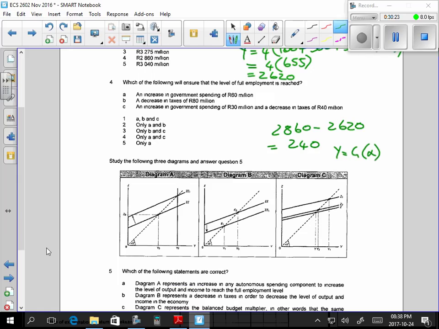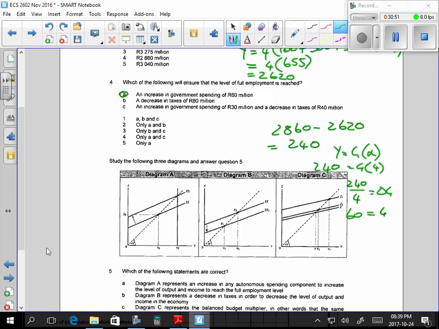The output and income needs to change by 240, which is G times your multiplier, which is 4. So you work backwards. 240 divided by 4 equals the change in government expenditure, 60. Okay. So an increase in government spending of 60 million is correct. They can do that.